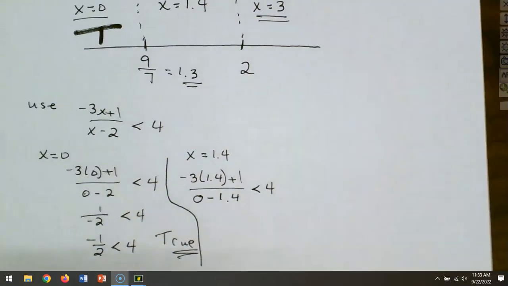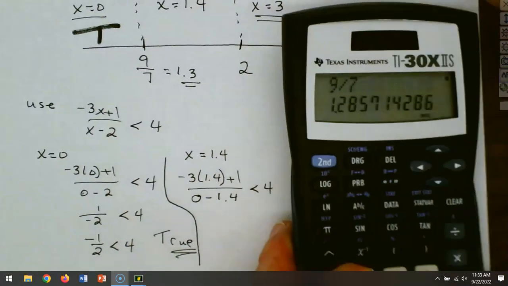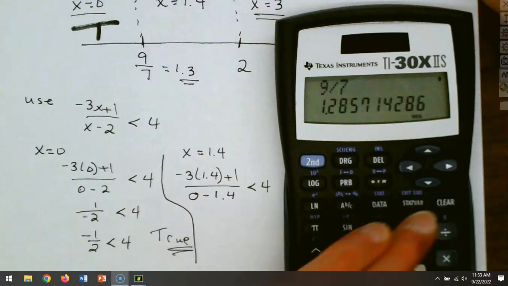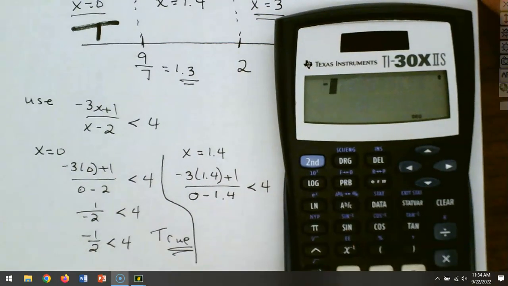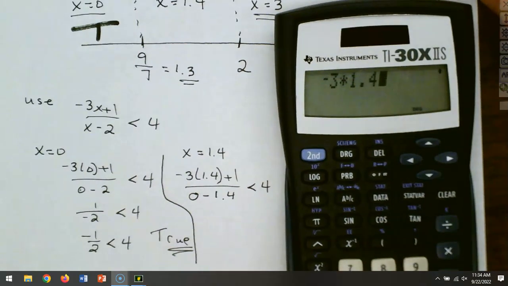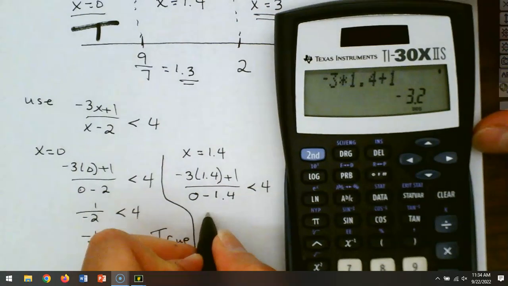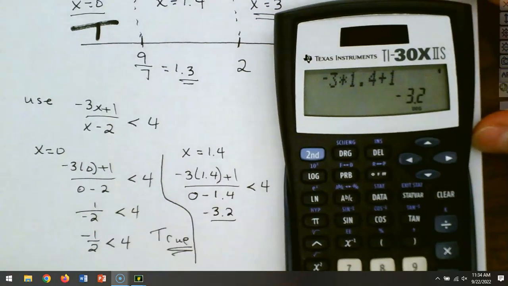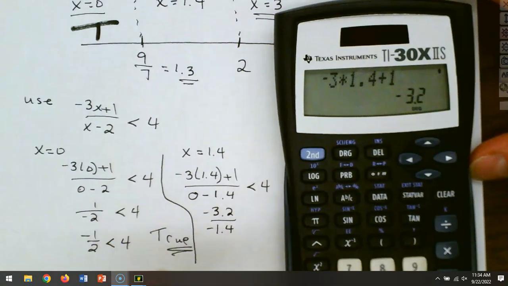Okay, so let's just use a calculator here to check this out. And let's see what we've got. So we've got a minus 3 times 1.4 plus 1. Okay, that gives me a minus 3.2 on the top and a minus 1.4 down below.